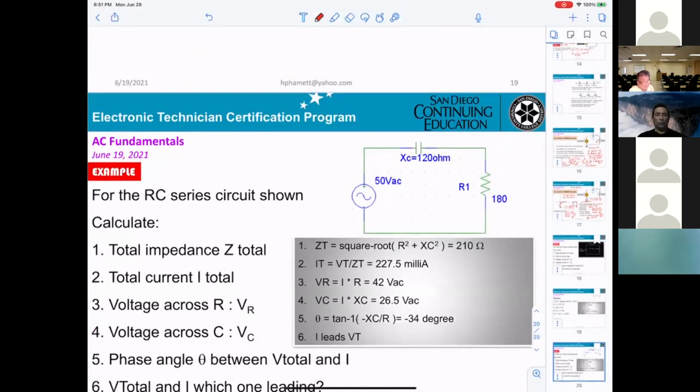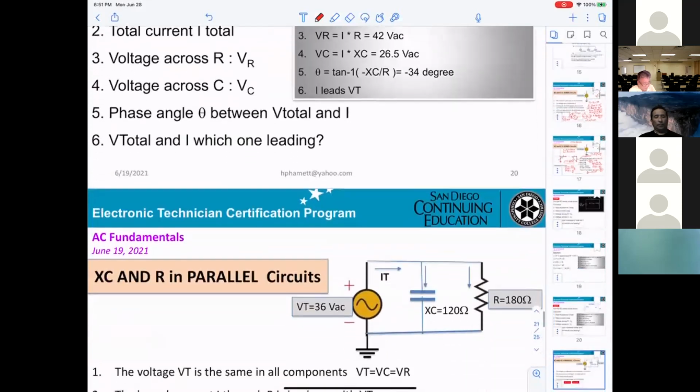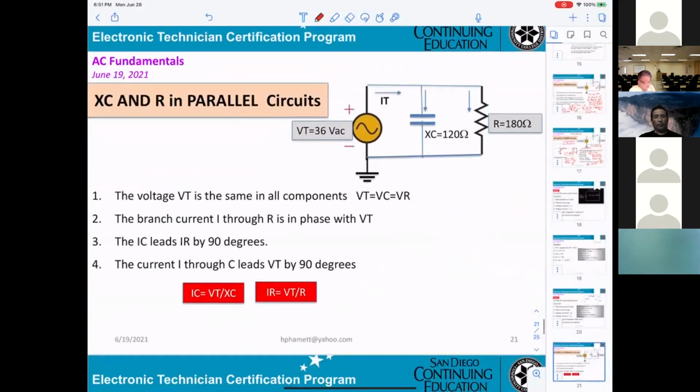If you can go through those examples without looking at any more formulas, then you're okay. We try to finish that one, so next meeting we go into RL circuitry.